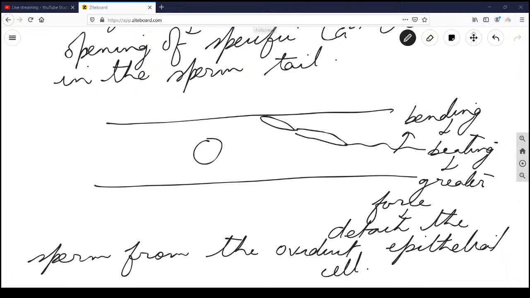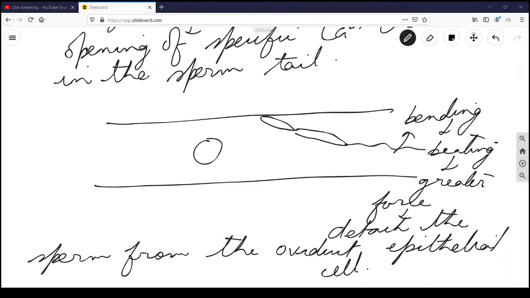So hyperactivation is also an event of great significance after capacitation, because if you are capacitated but not hyperactivated, you are still a case in vain, right? Hyperactivation may enable sperm to respond differently to the fluid current.